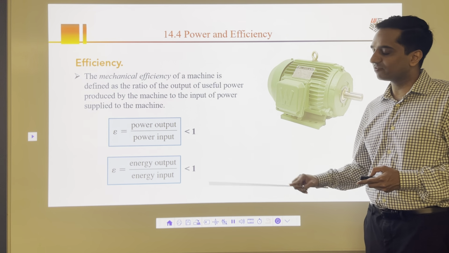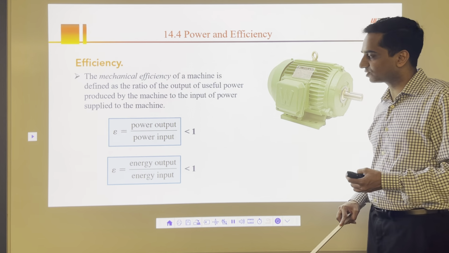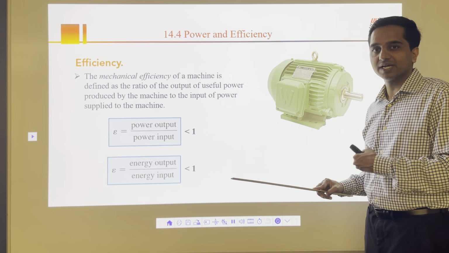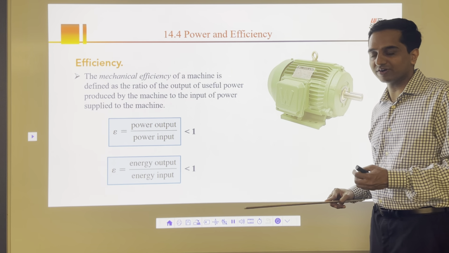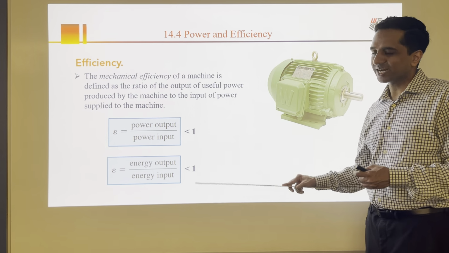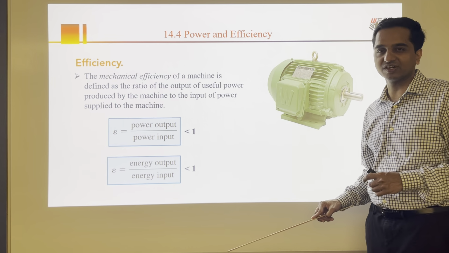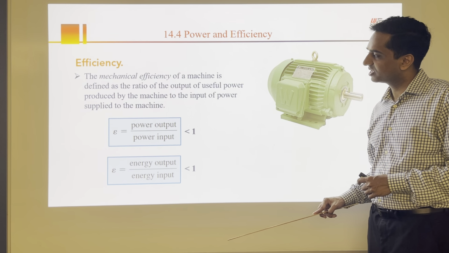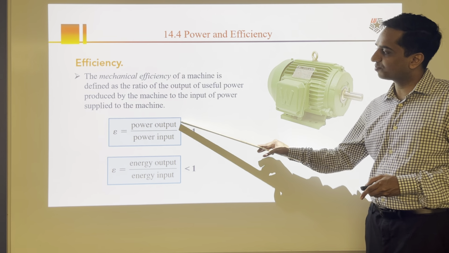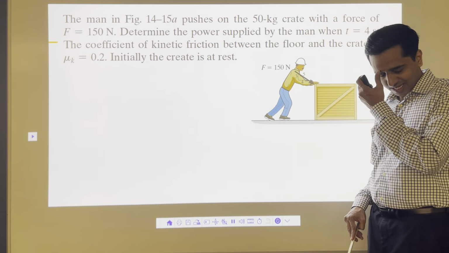This efficiency is always less than 1. That's your second law of thermodynamics. Any machine cannot perform with 100% or more efficiency. You are going to get 80%, 70%, 90%. If it is a thermal engine, you are going to get 40 or 50% efficiency. So that's your efficiency, output upon input.